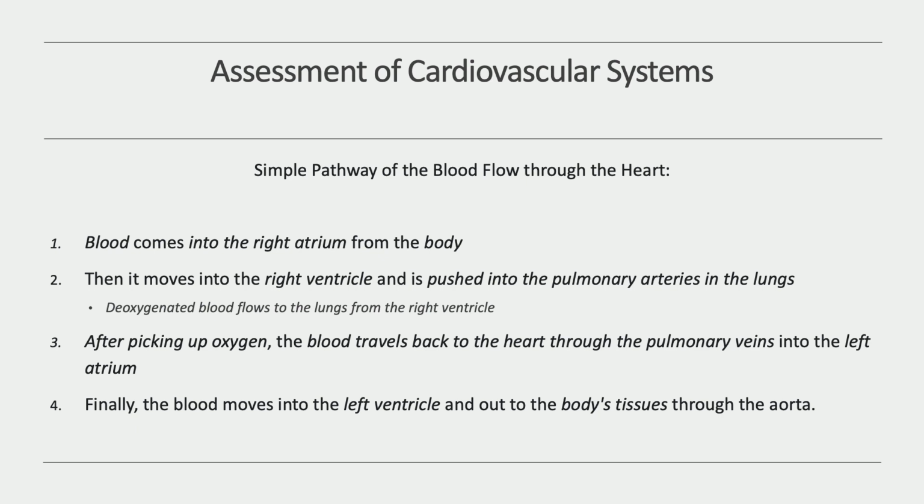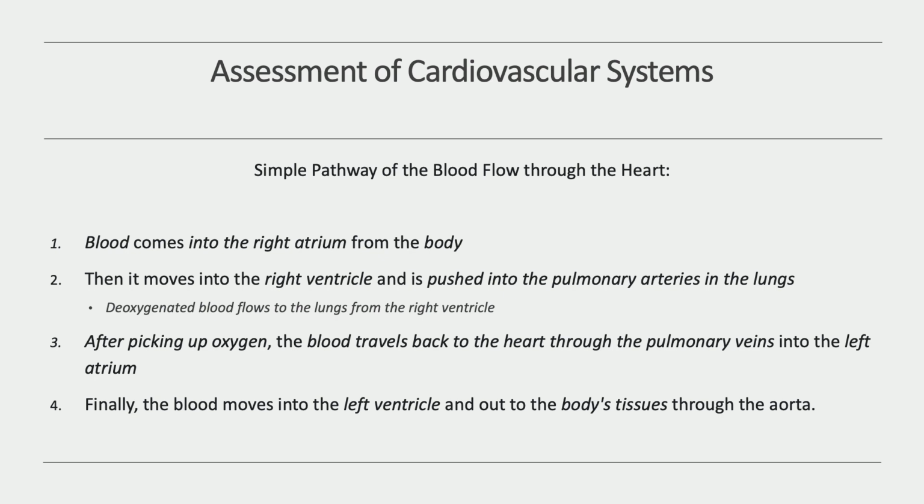put it into the dryer, which is going to go from our deoxygenated blood that flows from the lungs to the right ventricle. Right? That is the process of quote unquote washing it and preparing it to be aerated and throwing it into the dryer, which gives us that nice oxygenated blood. Now, after we pick up that oxygen, we then travel back to the heart through the pulmonary veins to the left atrium.